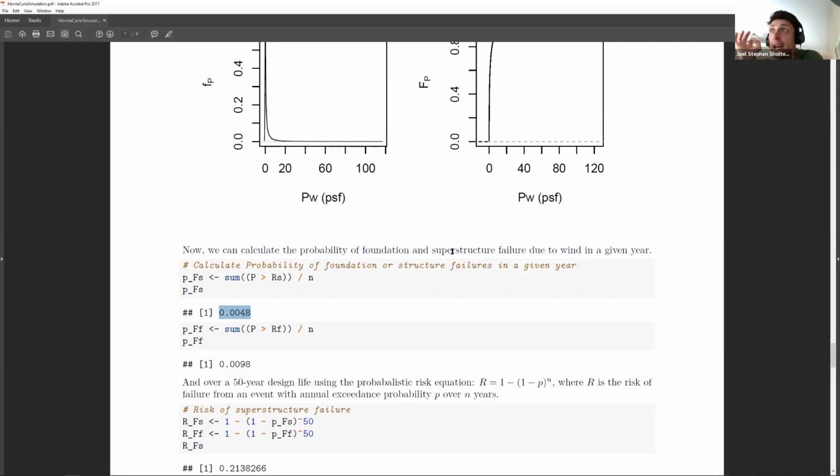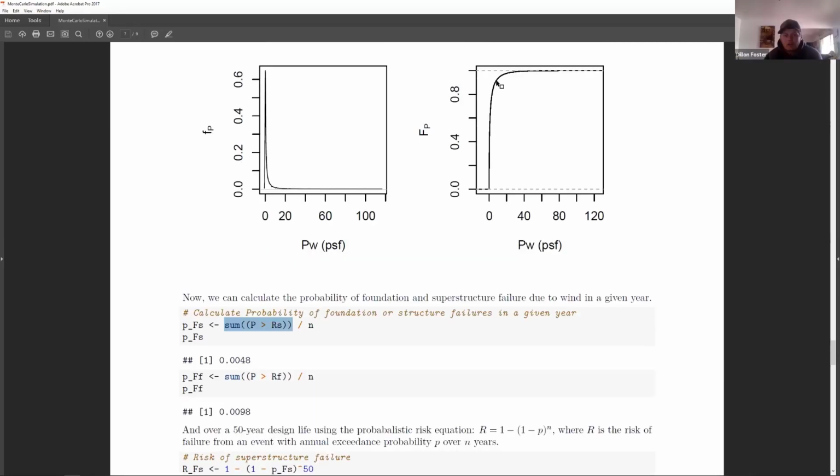That's when you have an equation. Now we don't have an equation. We just have this simulation of values. So the way I did it was I said, give me the proportion of values that are greater than RS, this failure threshold. That proportion is basically like the percentile. So we're looking at percentiles of a data set, and that's how we calculate the probabilities.